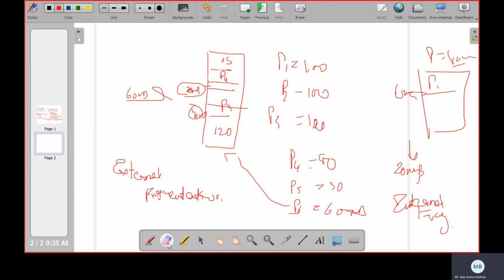In this scenario, we will move P3 upward and bring this 20 MB lower. So we'll bring 20 MB here and P3 will be stored here. So this 20 and 40 will combine and make 60 MB. Now we can allocate process P6 here. That is what we call compaction.